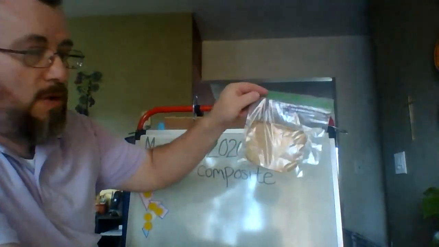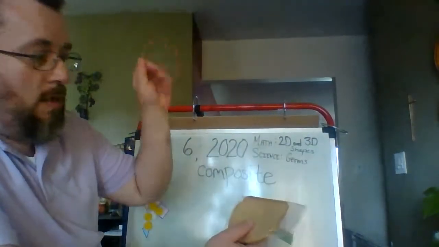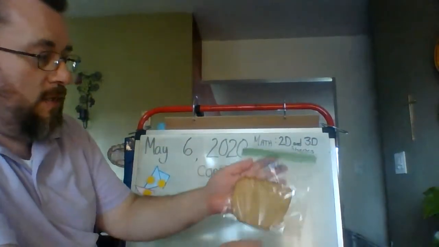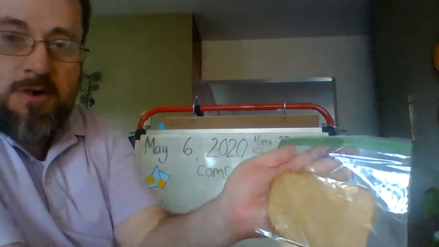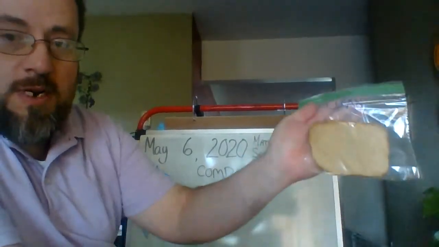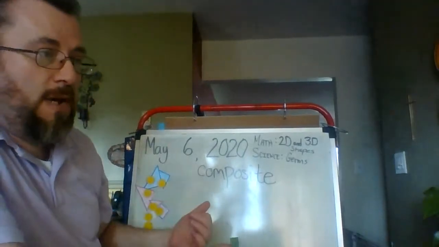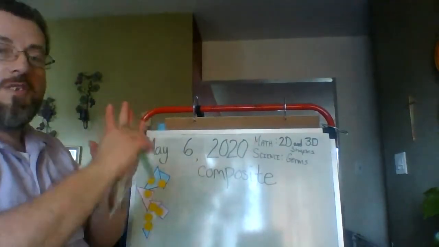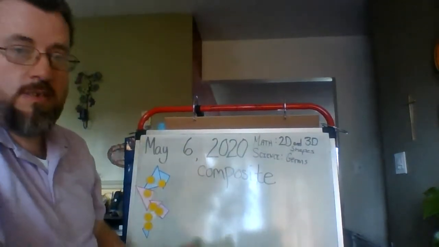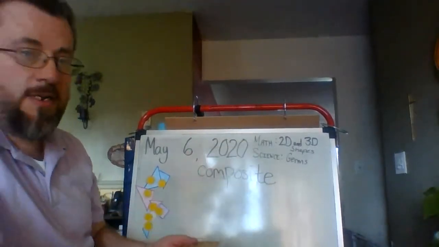But before you put the bread in it, clean hands, touch one piece of bread. You notice this one's marked clean. So this is the one I touched after I washed my hands. And then in another bag, touch the bread with dirty hands and put a piece of bread in.